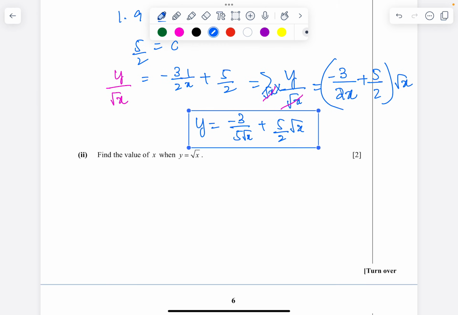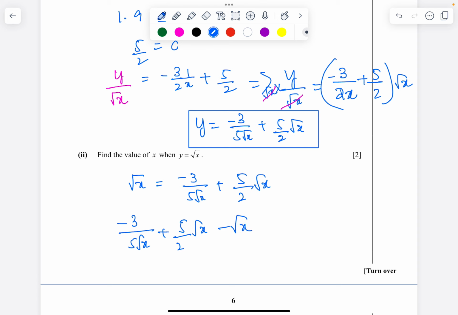Then find the value of x when y equals square root of x. So I will just substitute: square root of x equals negative 3 over 5 square root of x plus 5 over 2 square root of x. When I simplify this, I will bring everything together first, making common denominator 10 square root of x.